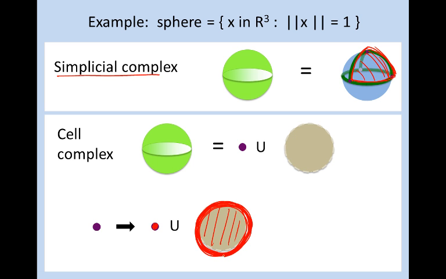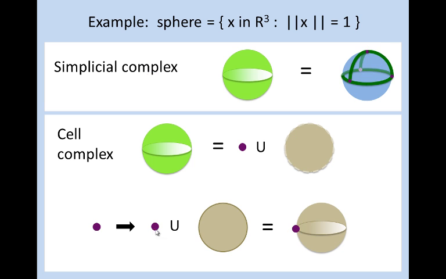All this infinite number of points creating this boundary will be glued to this zero-dimensional single vertex. And thus, I create the sphere as a cell complex. So we do have that this is a 0-cell, and over here we have a 2-cell.